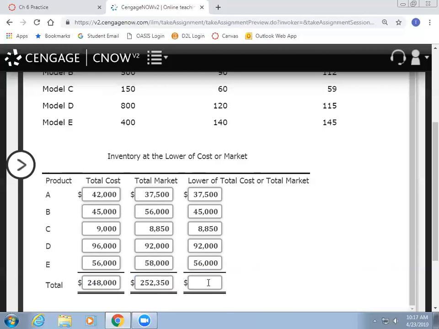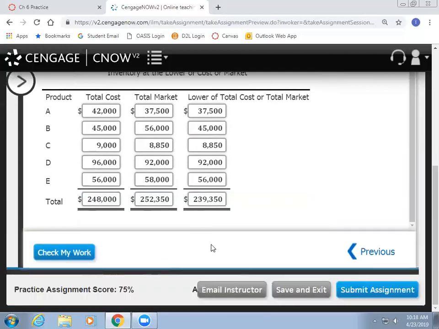And then the lower of total cost or total market ends up being 239,350. So that last one, that 239,350, would be what we reported for inventory on our balance sheet. Any questions on that?